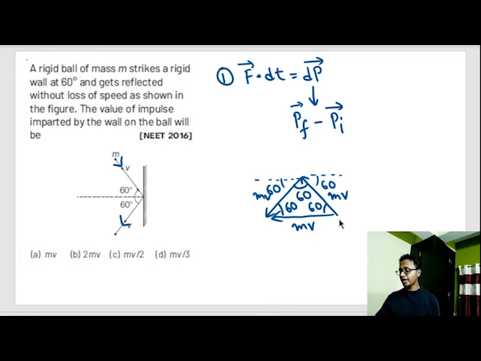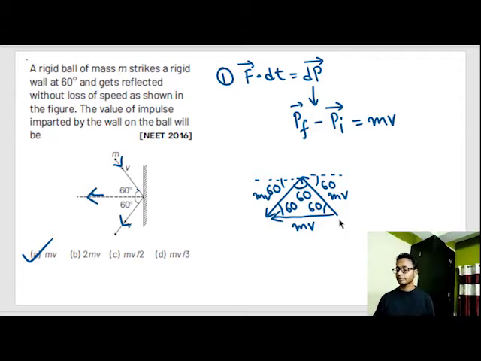That means P final minus P initial is mv in this direction. The impulse applied by the wall is in this direction, and its magnitude is equal to mv.